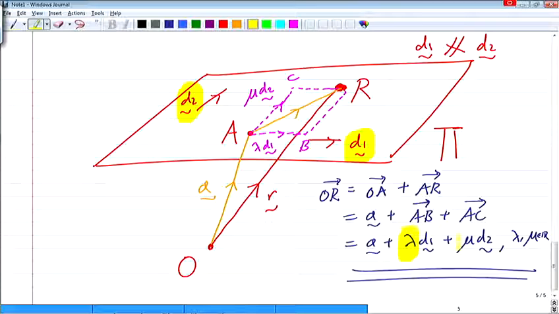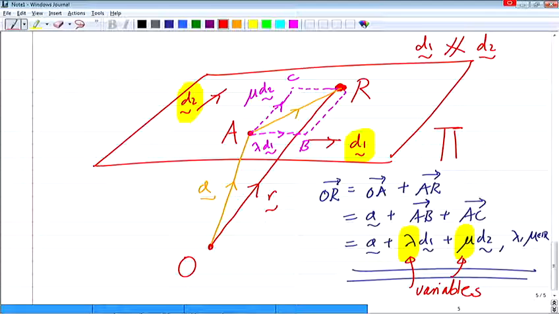So which means in the case of planes, lambda and mu are now the variables that you are trying to solve. Different lambda and mu will give you different points on the plane. So to find the location of this point R, you have to actually find lambda and mu. So there are two variables to solve.